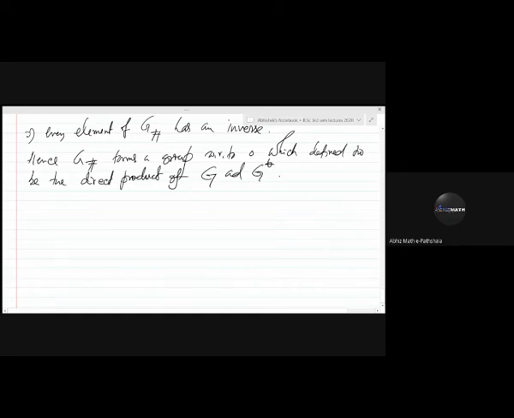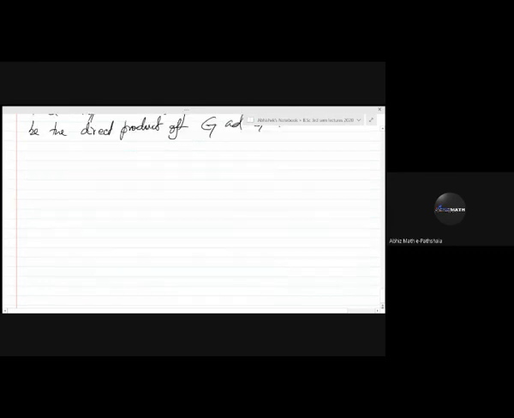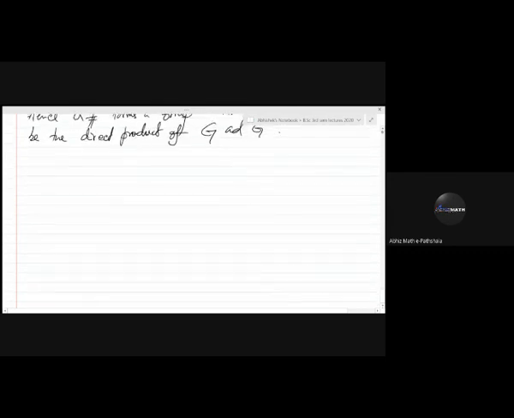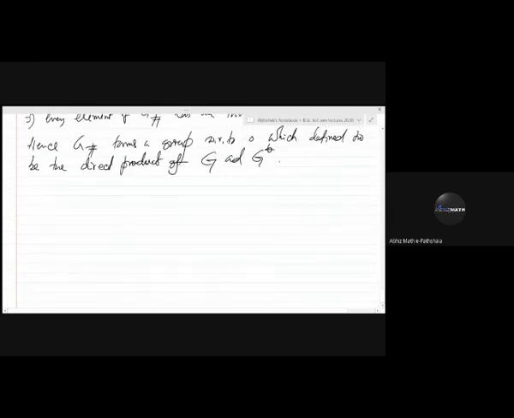These are natural kinds of examples one can have in group theory. Okay, so these are called groups of symmetries. So how does one prove this? So, group of symmetries, right?